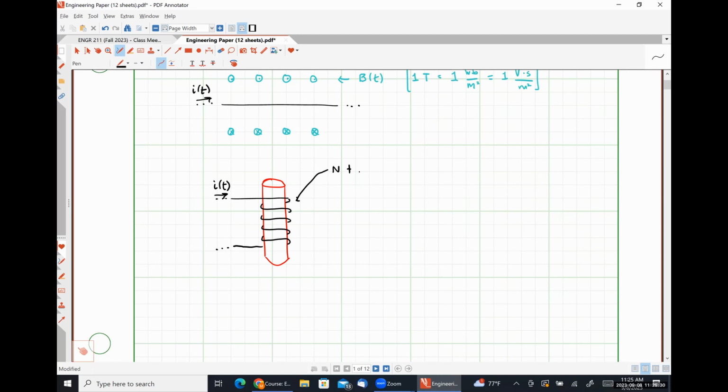In a solenoidal coil, if our fingers wrap around in the direction of current flow, our thumb gives us the direction of our field lines, right? So if our fingers are curling around like this, our field line should be directed out.